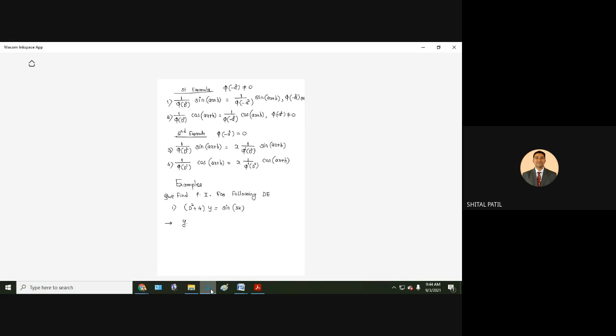So y of p equal to 1 upon d square plus 4 operated on sine of 3x. D square equal to minus of a square. So what is a here? 3. So it is 3 square, not minus 3 whole square, and then the minus sign. So 1 upon minus 9 plus 4 sine of 3x.